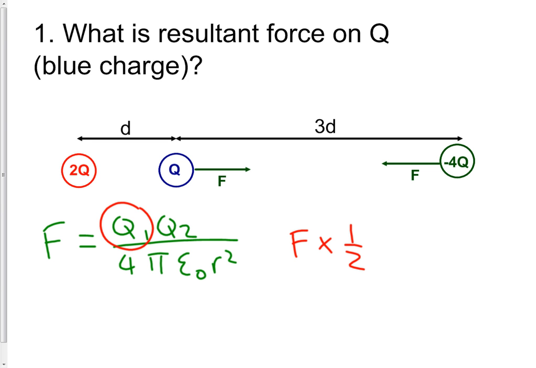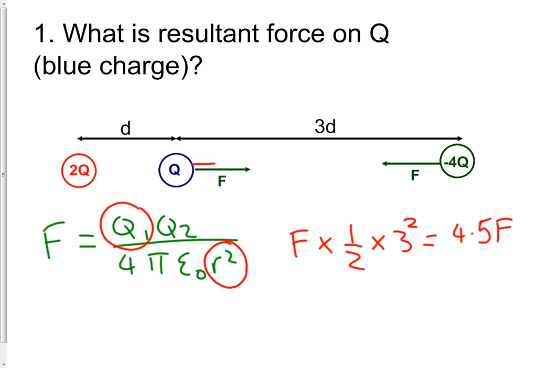Obviously the distance is different as well, and the distance is a third, so it's 3 times closer. Now the distance gets squared over here, so by bringing it 3 times closer, the force is actually going to increase by a factor of 3 squared, which is 9. So that's going to be times 3 squared, which is 9, which should give you 4.5 F.